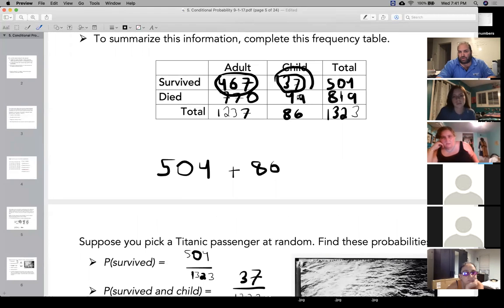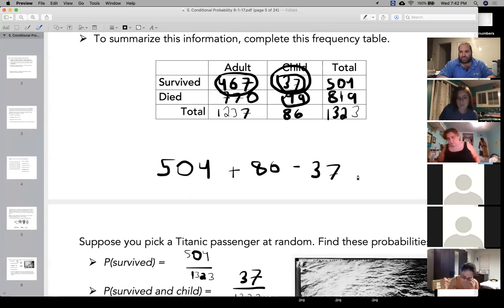And it was this one and this one, which made 86, correct? Yes. So when I add these two numbers, I'm really adding this, this, and this, because that's where those numbers came from, right? Aren't I double counting by adding these ones twice? Yes. So because I counted them twice, I want to remove them.